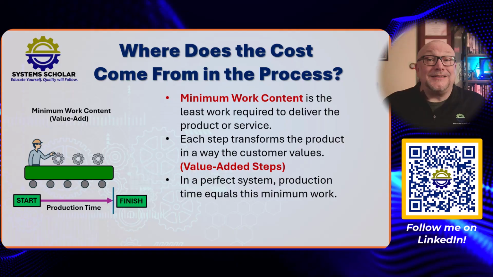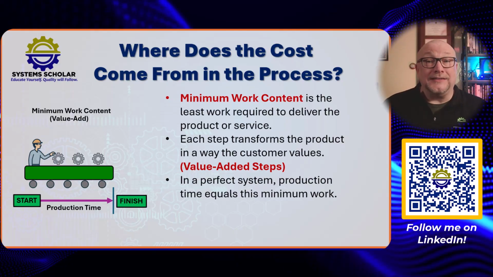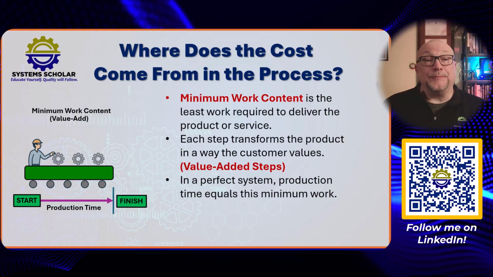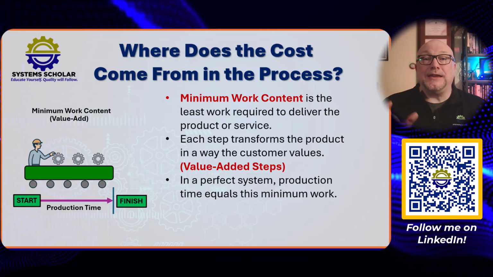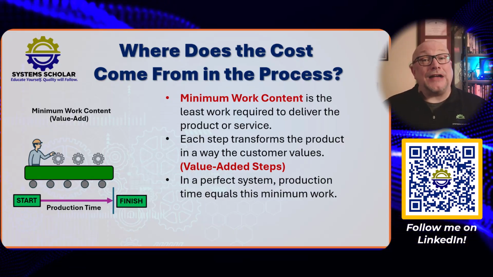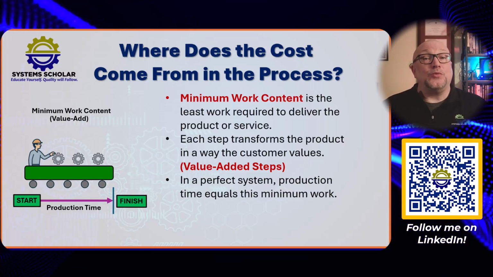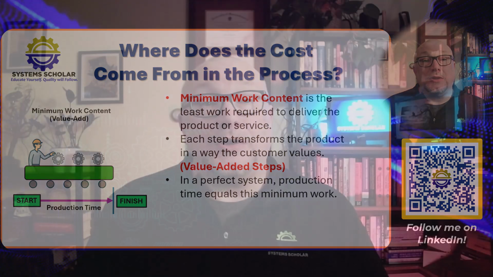But in reality, production time is almost always longer than this minimum. And that gap between minimum work and actual production time is where we begin our analysis. We're not searching for theoretical perfection. We are identifying non-value added time.